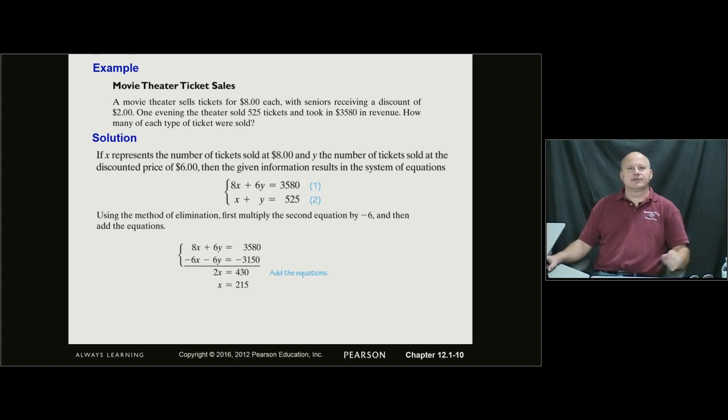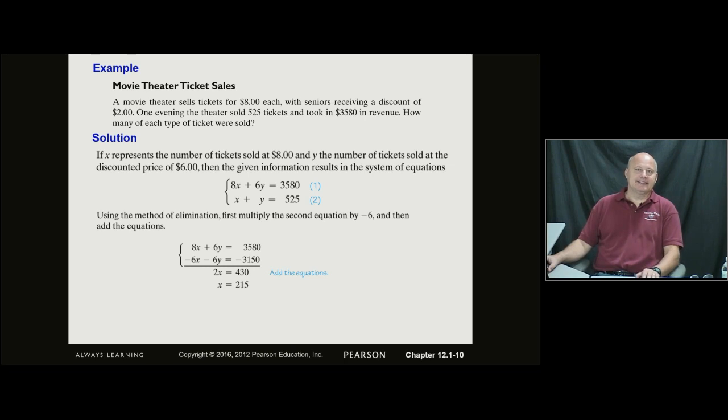So if 2x equals 430, if you divide by 2, x is 215. Now remember what x was representing. x was representing the number of regular price tickets. So there's 215 regular priced patrons at this theater that evening.